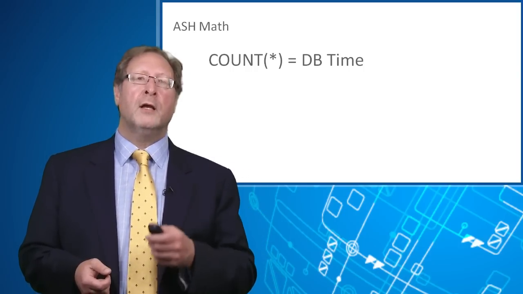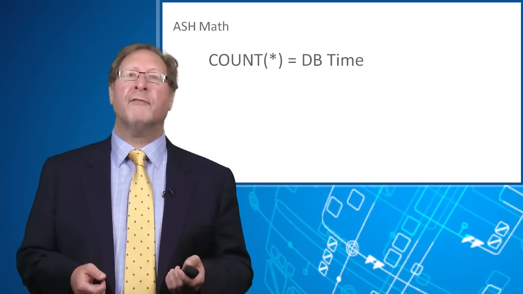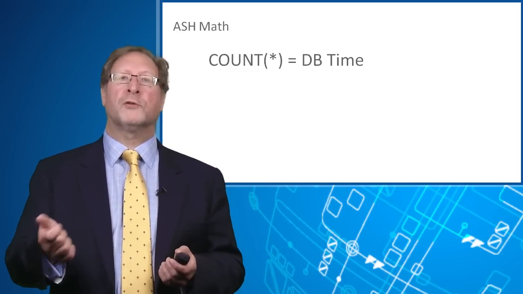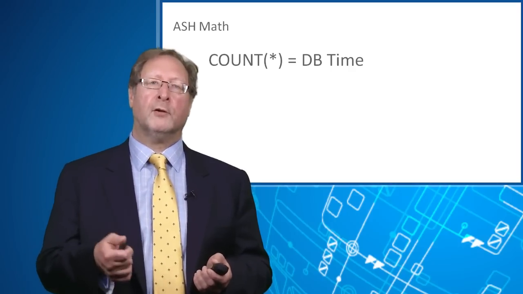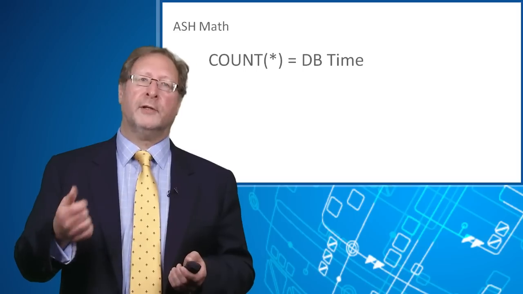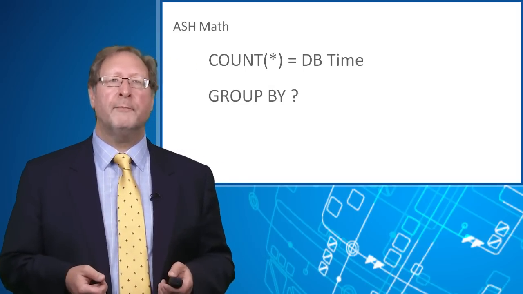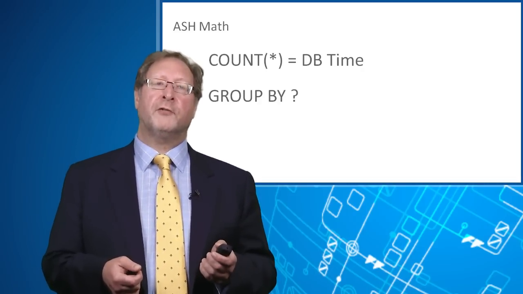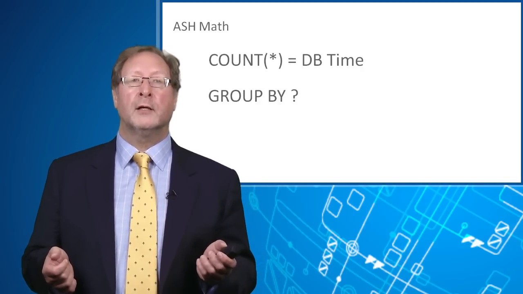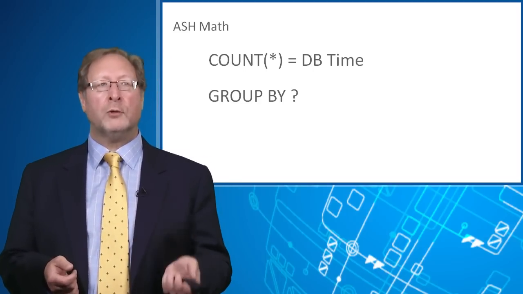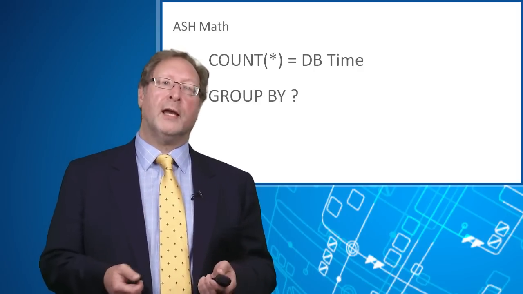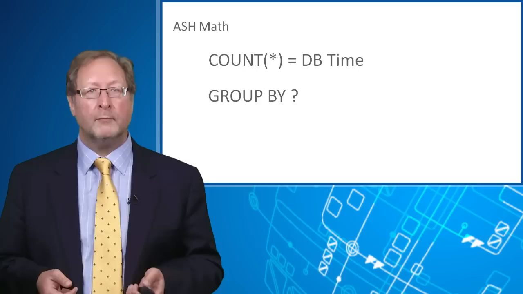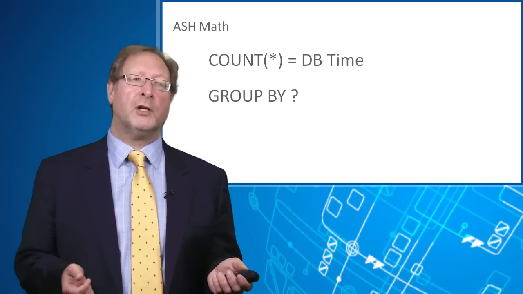We count up the number of samples that we have in ASH, and each row in a sample represents 1 second of database time, because we're sampling at 1 second intervals. Then we will typically use one of the other pieces of information in there to do grouping. If we want to find the top SQL for a period of time, we group by SQL ID. If we want to find which sessions have been most active, we group by session ID.